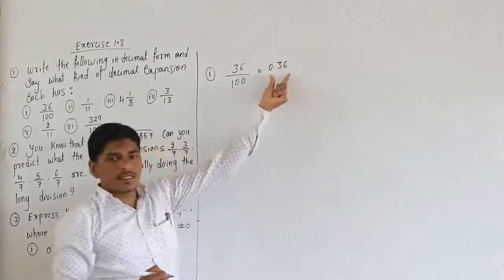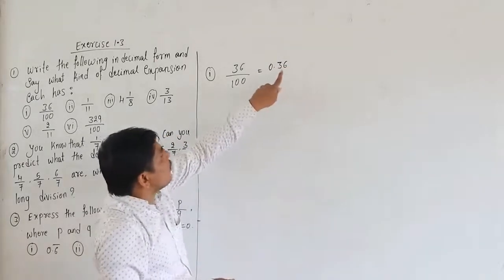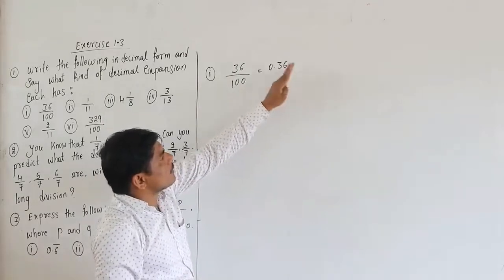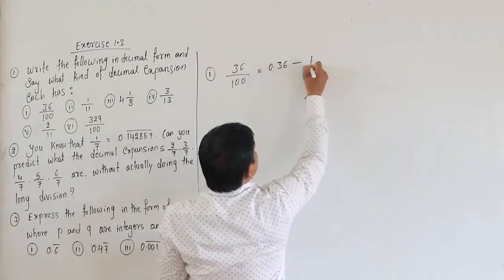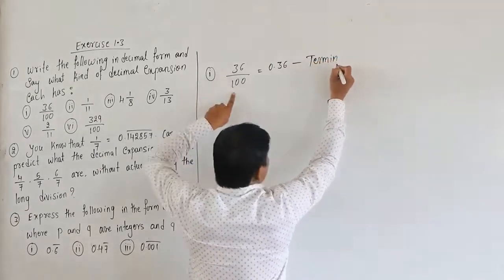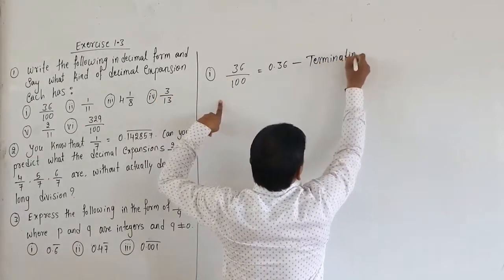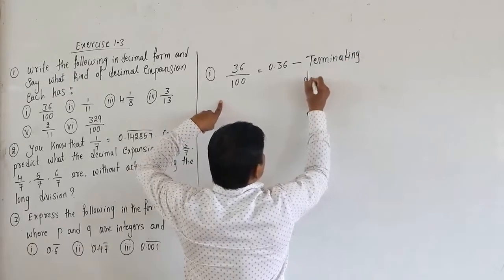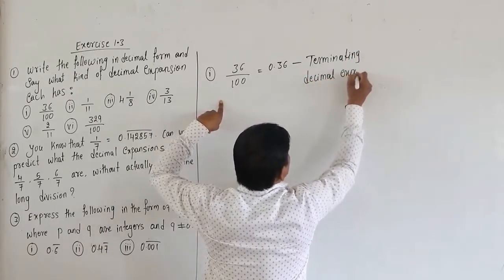Now 0.36 is the decimal expansion. In this problem we observe 36 is completely divisible. It means this is terminating. The given problem 36 by 100 is a terminating decimal expansion.